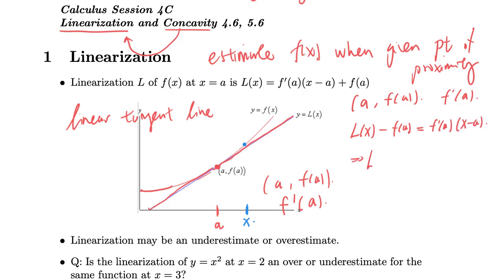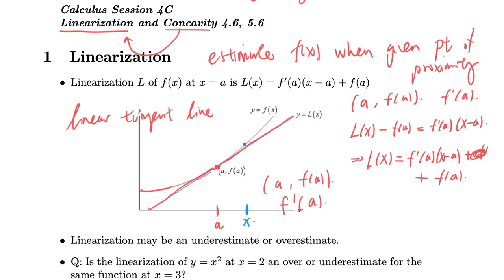This would give us L of x is equal to f prime of a times x minus a, plus f of a. Okay, so this is our tangent line right over here.